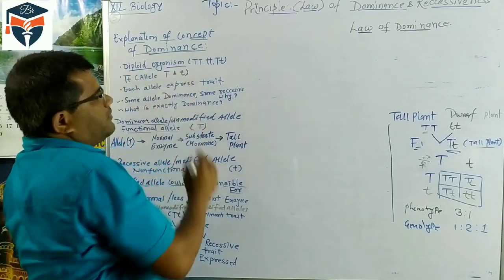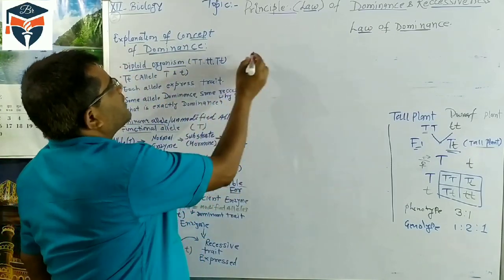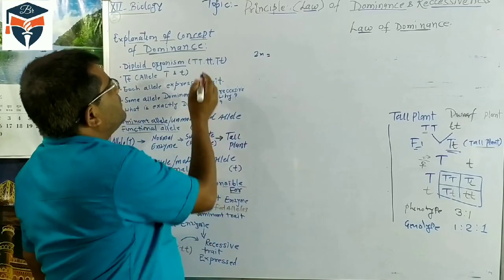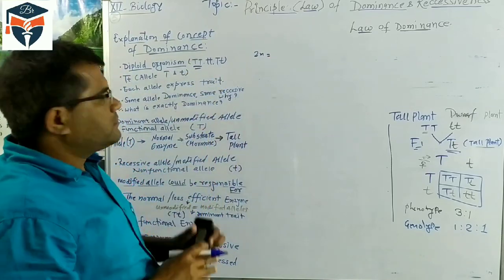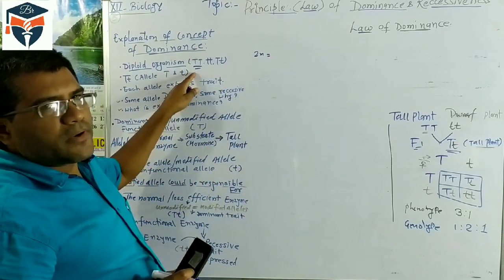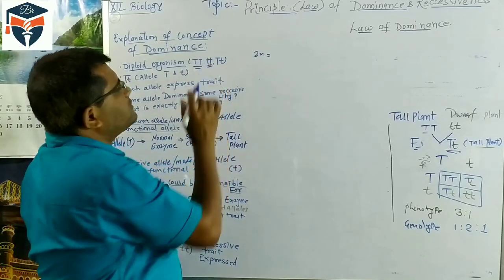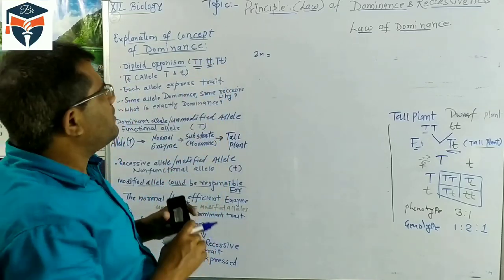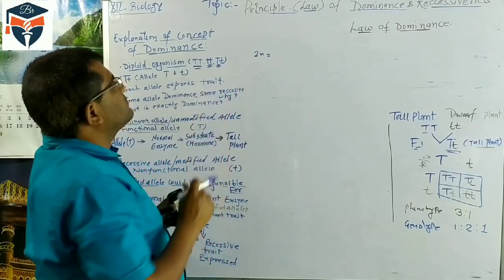the diploid organism. A diploid organism means a 2N organism. It may be homozygous capital T, a tall plant, or homozygous small t, a dwarf plant, or heterozygous also.